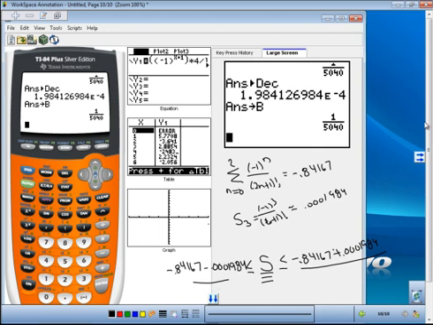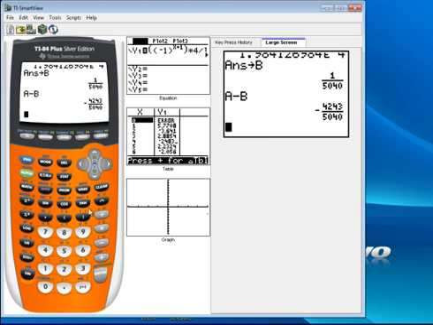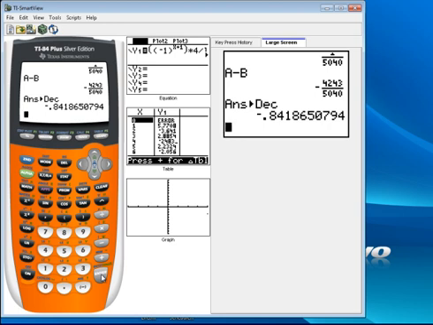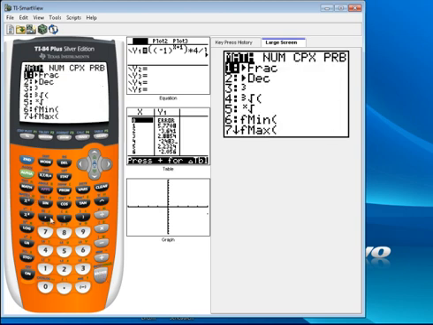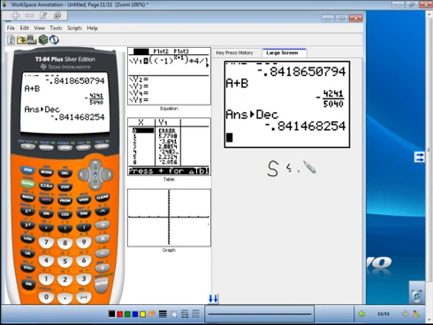So if we do this on our calculator, okay, so the sum of the series is going to be 0.8414 and 0.8419.